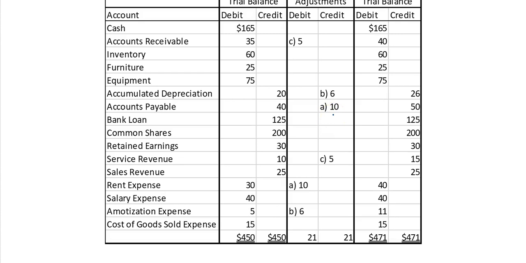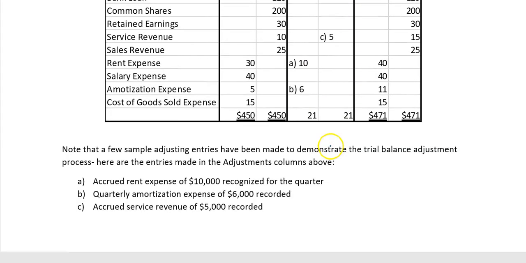Of course, it's in thousands of dollars. And then we have accounts payable of 10,000 also. So we incurred a rent expense, but we haven't paid our landlord yet. So we have a debit to rent expense and a credit to accounts payable.